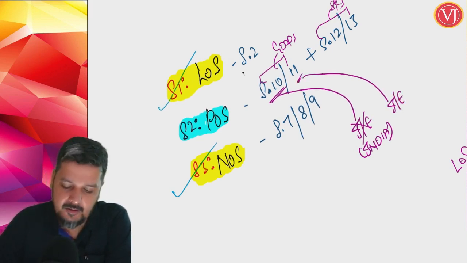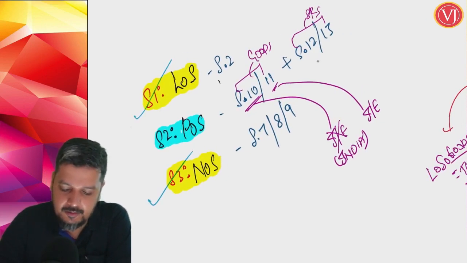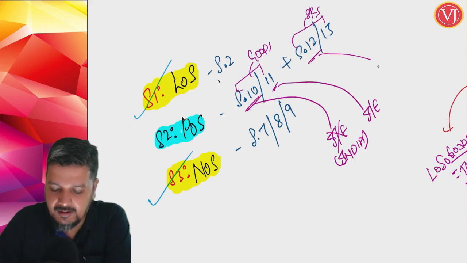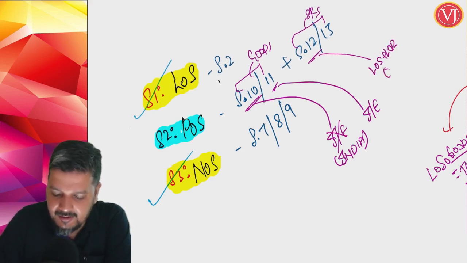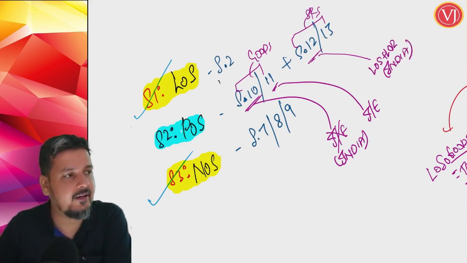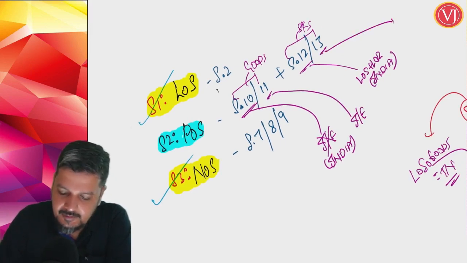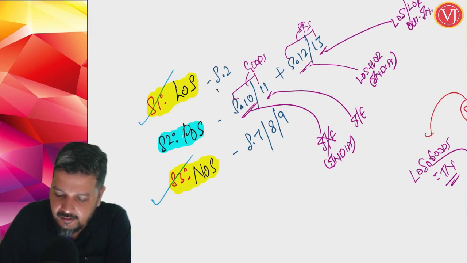Section 12 talks about cases where LOS and LOR are both in India. Section 13 covers cases where either LOS or LOR is outside India.